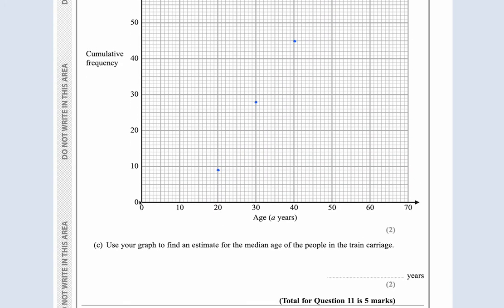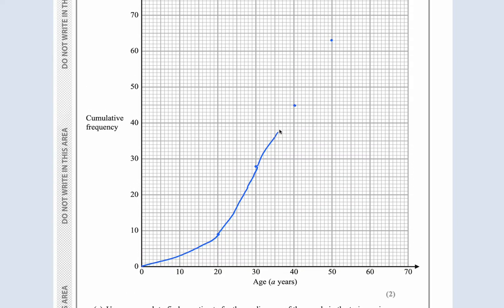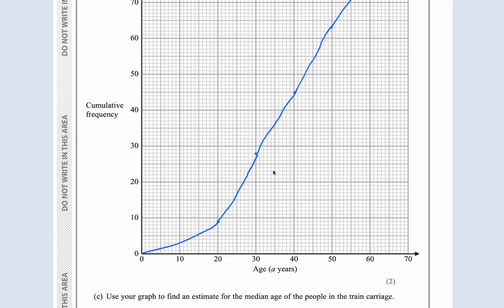It is a curve, like that. Then like this, but it should definitely go through those points. Definitely, guys. Draw it better than me, right? That's as good as I can do for now.